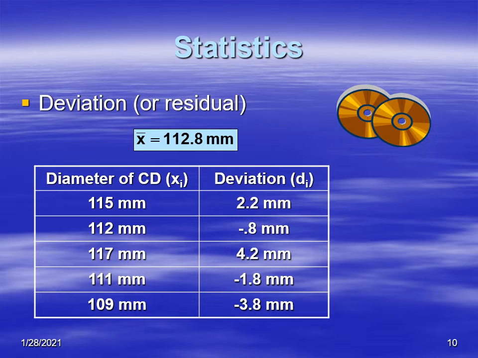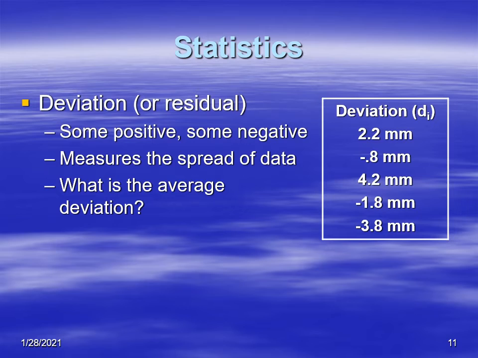Each measurement of the CD's diameter can be seen in the left column of this table. And then subtracting that number from the average, 112.8, gives us these numbers on the right, which are called deviations. As you can see with the calculations of these deviations, sometimes they're positive, sometimes they're negative.